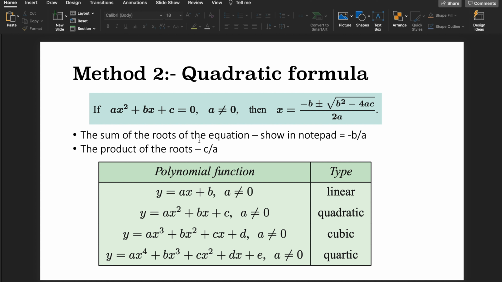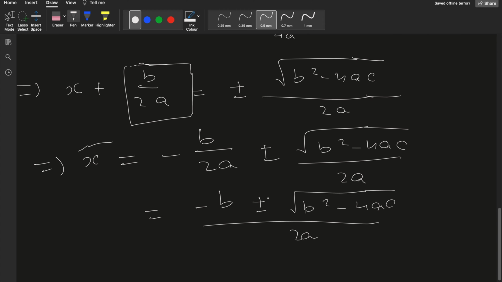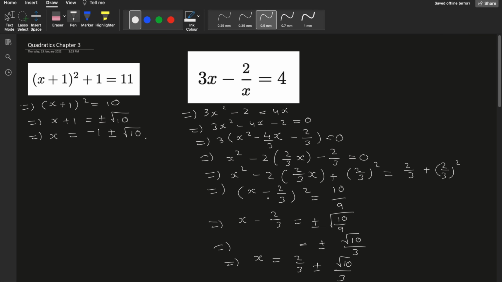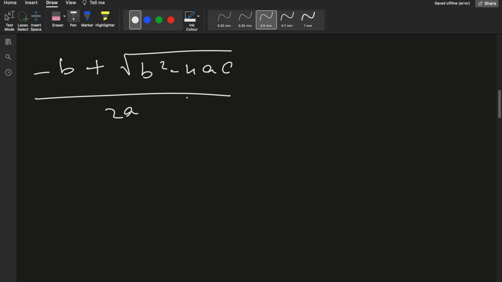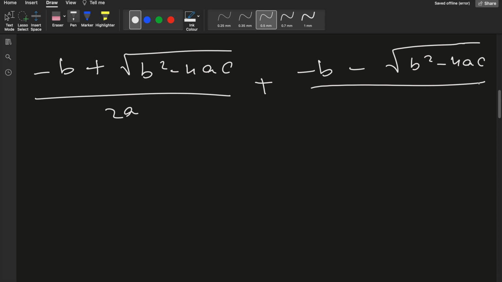So the next point I've written is that the sum of the roots of the equation equals minus b by a. I'll just show you how that is. We know that the roots of the equation are minus b plus square root of b squared minus 4ac whole divided by 2a, and minus b minus square root of b squared minus 4ac divided by 2a.